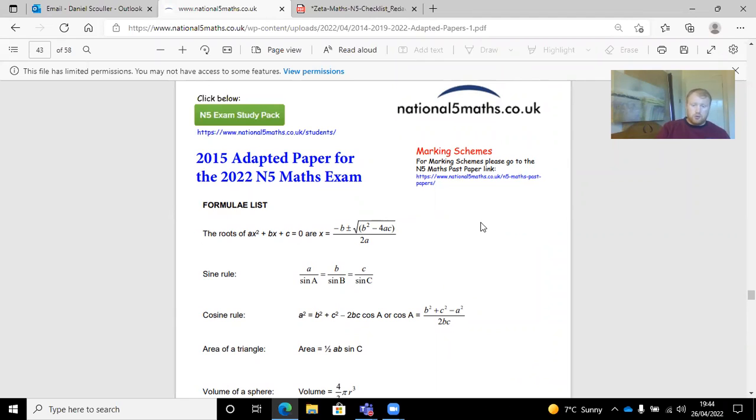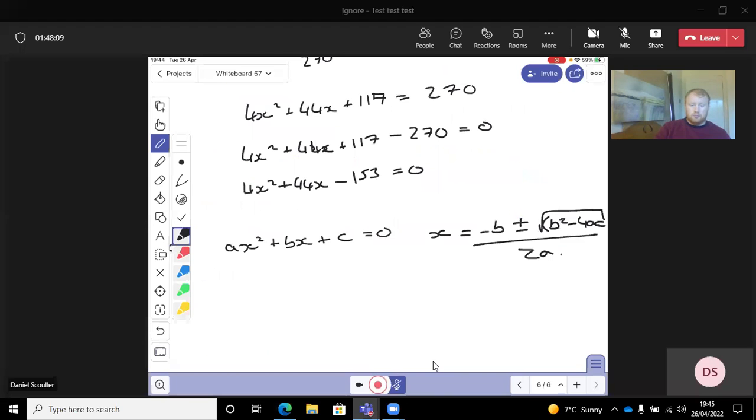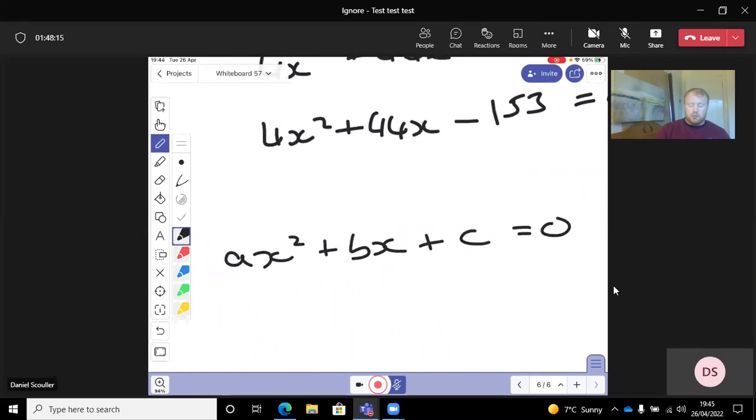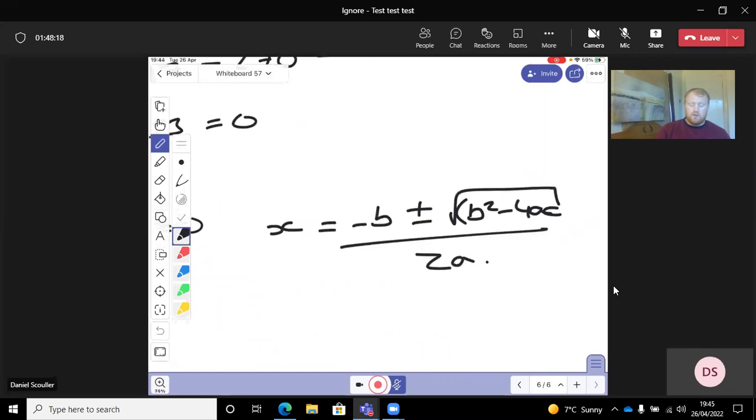Well, the roots, so the solutions for something in the form of ax squared plus bx plus c equals 0, can be found using minus b plus or minus the root of b squared minus 4ac, all over 2a. This is given to you in the exam. So for something in the form of ax squared plus bx plus c, you can find the roots using that.